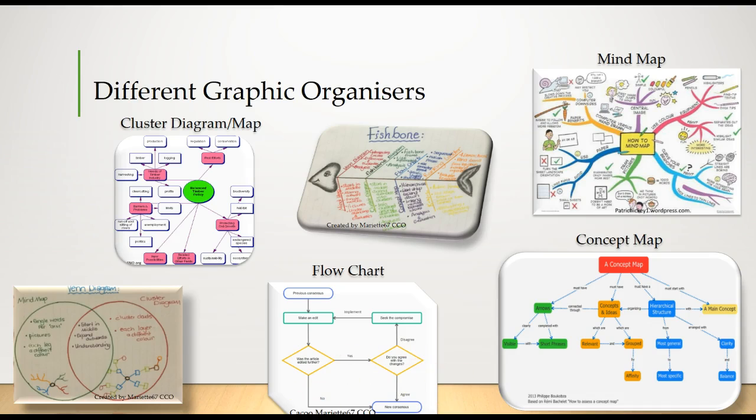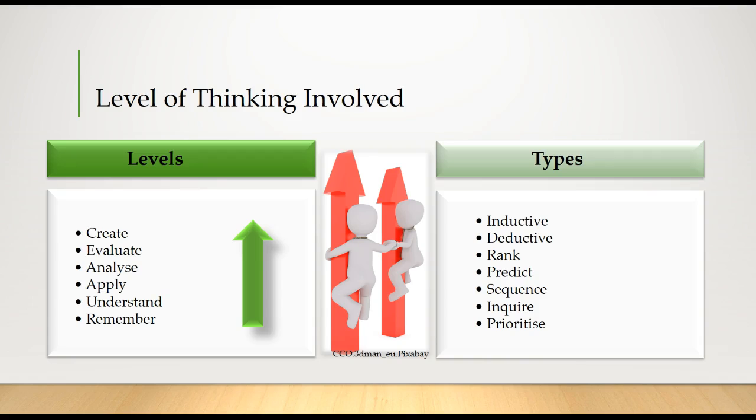Let's quickly move on and look at the different levels of thinking that's involved. If we look at Bloom's taxonomy, we find that remembering, understanding, applying, analyzing, evaluating, and creating are the different levels of understanding or thinking. It starts with remembering and it ends in creating.